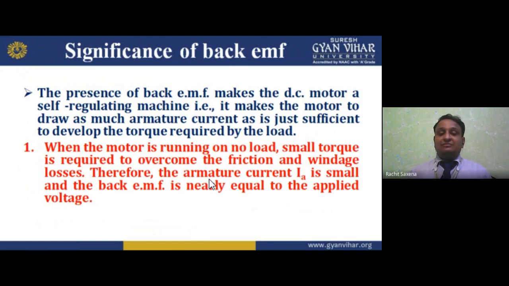At no load, the back EMF becomes equal to the terminal voltage, the applied voltage. The armature current is very small because a small EMF, known as back EMF, is generated, and it overcomes the friction and windage losses.